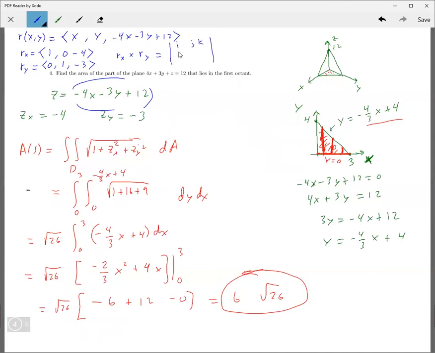So we go ahead and do that one. That's going to give us 0, 0, and then minus, and then you have 0, negative 4 i, and then minus 3.